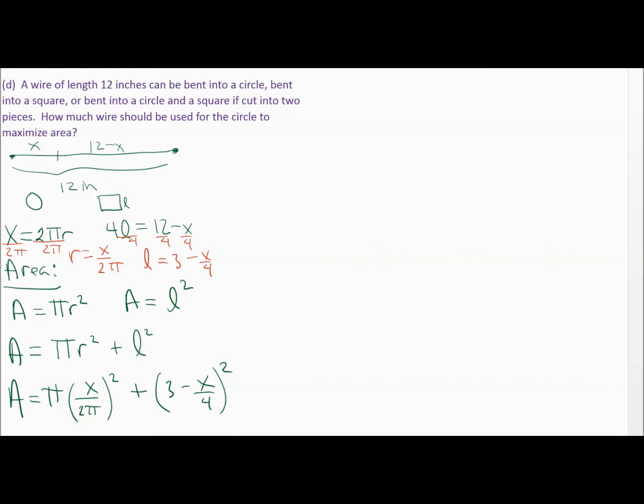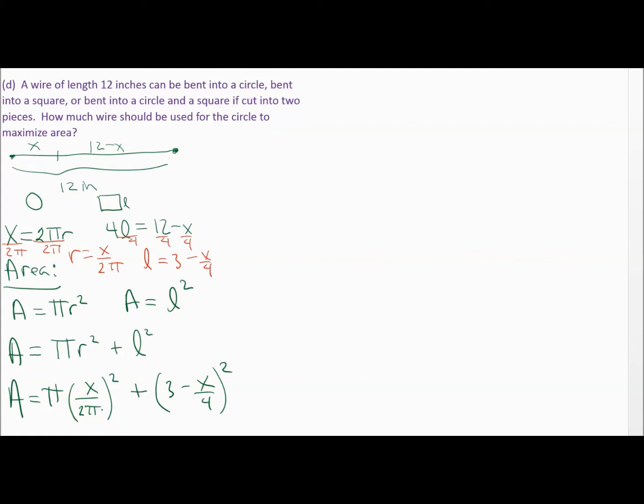Now, as you can see, there's a lot of algebra that's got to happen here. We want to simplify this as much as possible. So a lot of the work on this problem, once you get past this awesome setup, is simplifying the algebra before we even take the derivative. Okay, so let's do that. I want to square this X over 2 pi squared.